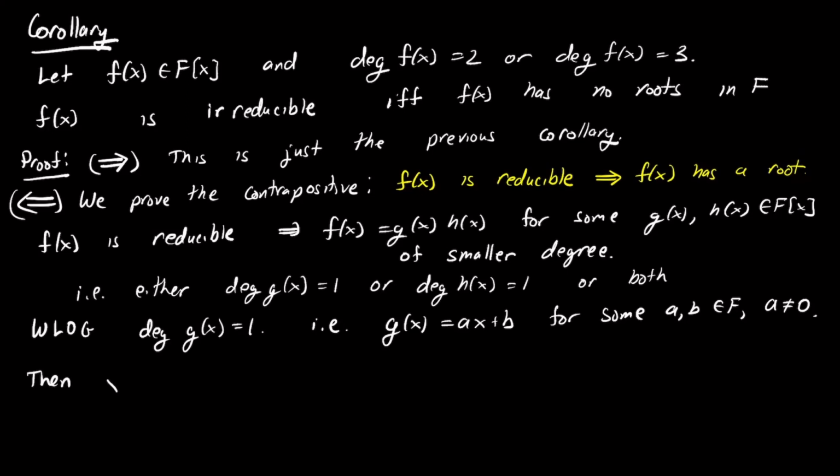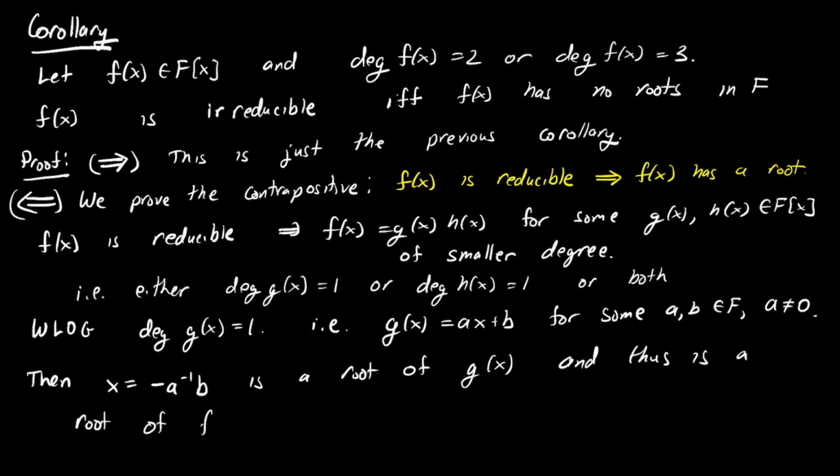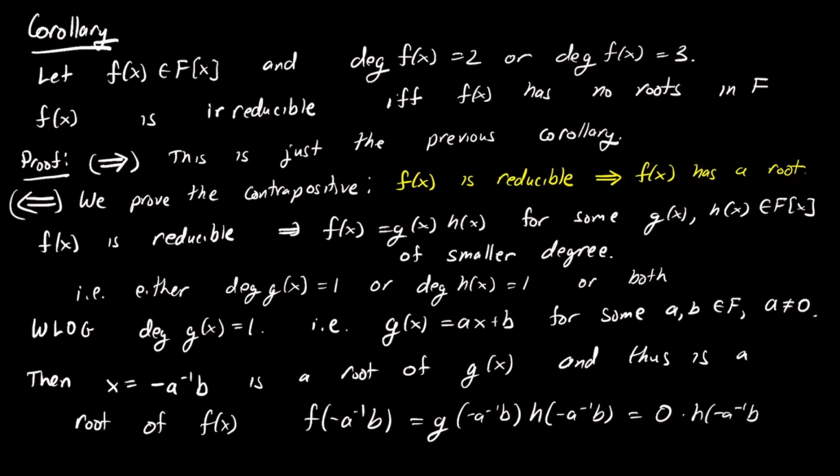If I plug in x equal to negative a inverse b, it is a root of g of x, and thus a root of f of x. The idea is that f of negative a inverse b is g of negative a inverse b times h of negative a inverse b, which is 0 times h of negative a inverse b, which is equal to 0. And so I've proved the backwards direction.